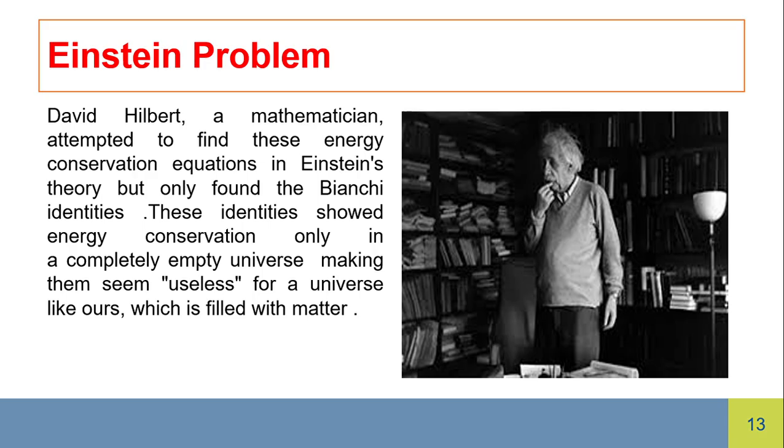So David Hilbert, a mathematician, attempted to find these energy conservation equations in Einstein's theory, but only found the Bianchi identities. These identities showed energy conservation only in a completely empty universe, making them seem useless for a universe like ours, which is filled with matter.